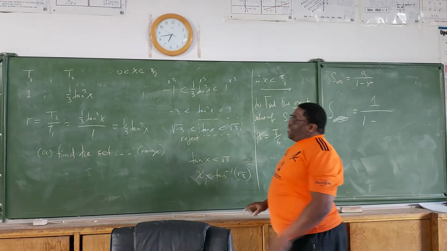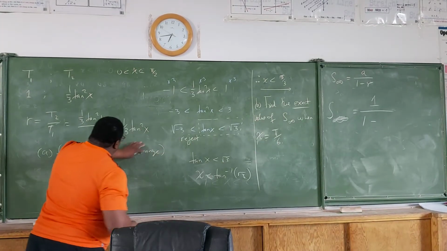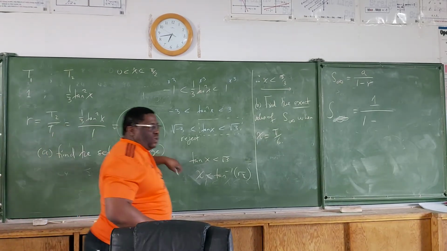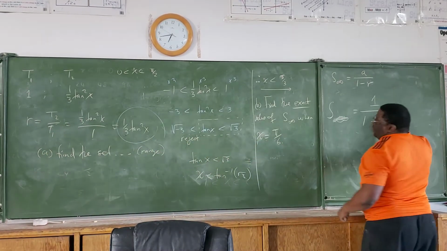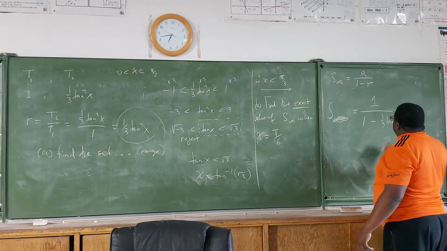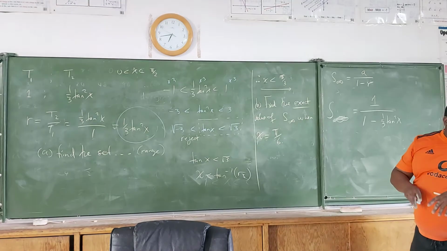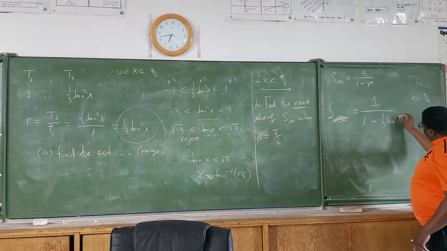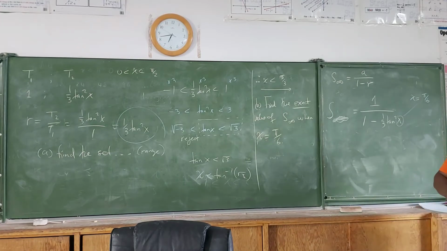Our r was, drum roll. Are you with me? Oh, you are sleeping. What is it? 1/3 tan squared x. But they are saying x is equal to pi over 6, so we're going to substitute that value in there.